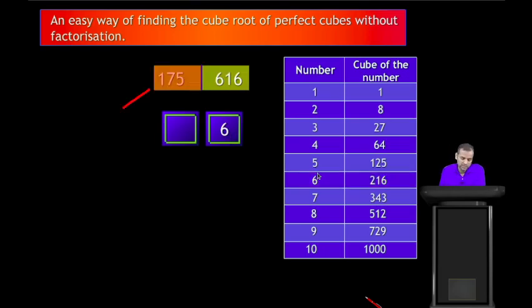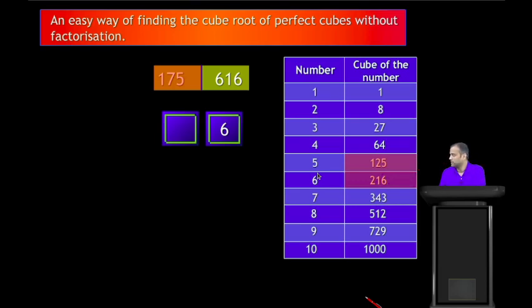Now what is the next number in the group? It is 175. Now you have to find which number 175 is bigger than. So 175 is greater than 125.